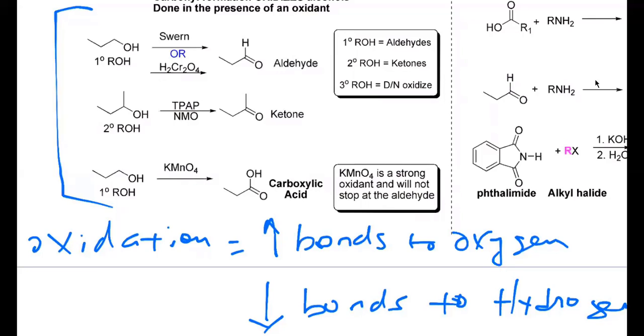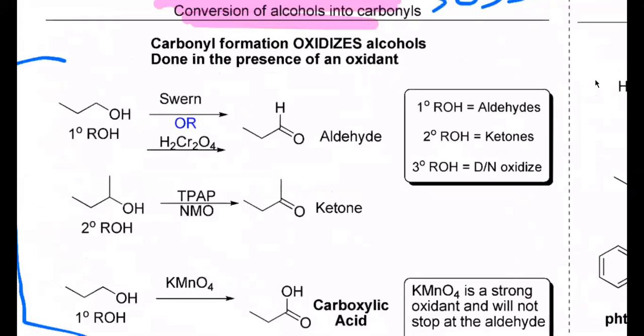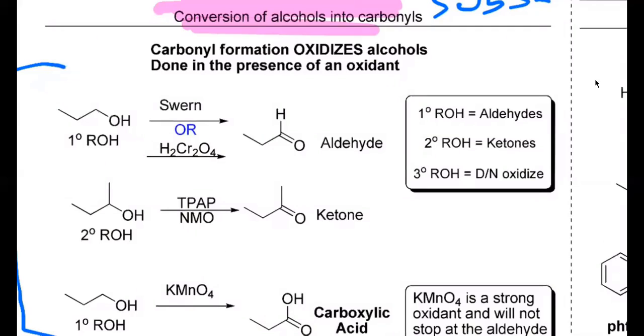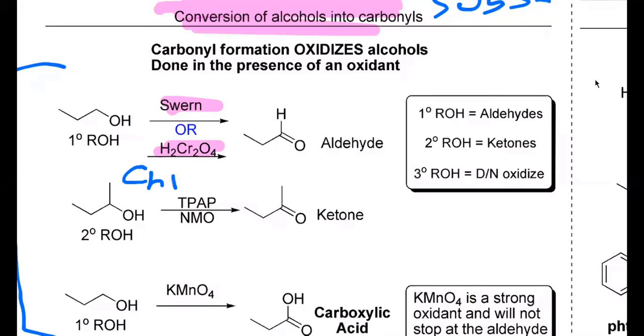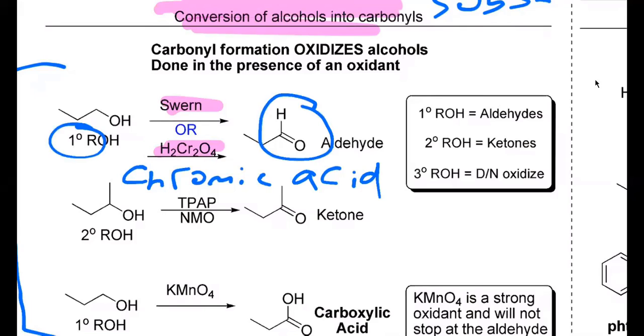All right. So let's look at the top reaction, right? And the first reaction is a Swern oxidation. So Swern or chromic acid. Let me write that down. That second reagent is chromic acid. All right. Either one of those is going to convert a primary alcohol into an aldehyde. Can you see that?